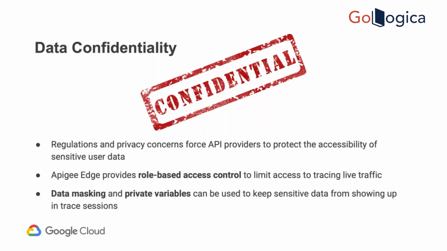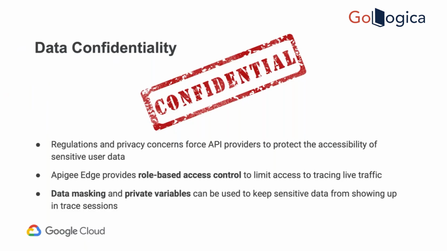First we have role based access. Not everyone will have access to all the APG traces, debug traces and all those things. Very few people will have access. Also, we can mask the data. In APG we have something called private variables and data masking.